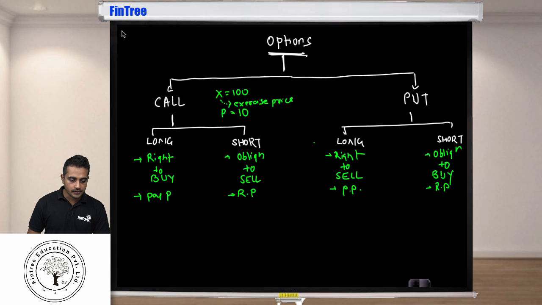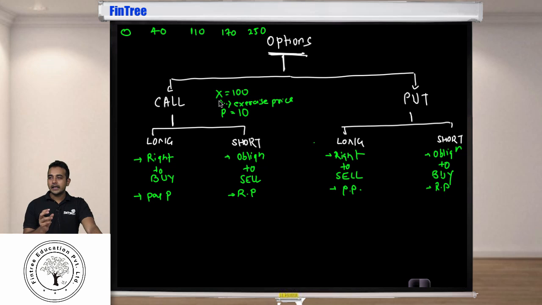So let's say it becomes 0, 40, 110, 170, 250. Be with me on this. We are thinking from the long call perspective. You would say I have a right to buy at 100. First example, price in the market is 0.